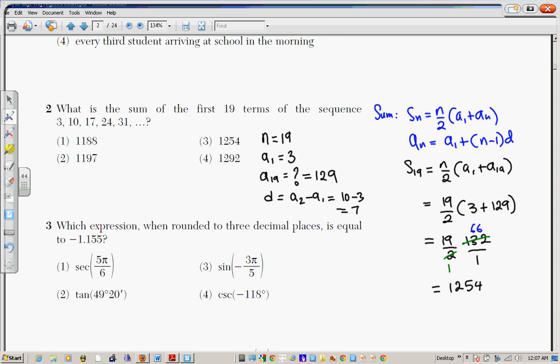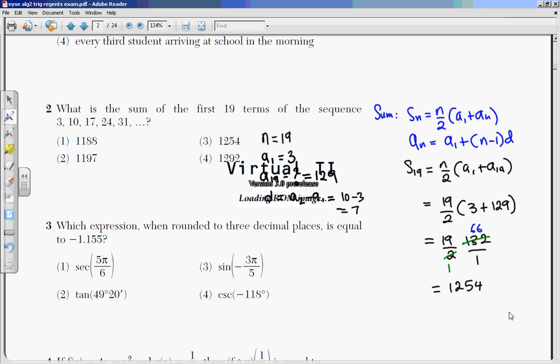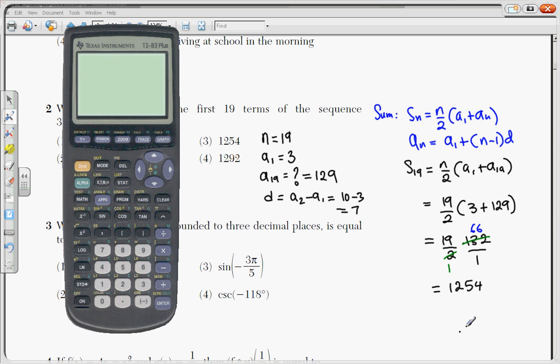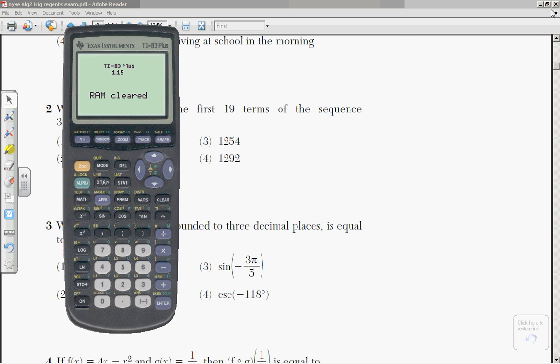Remember, in this exam, you're allowed to use calculators. So let me show you how you can use a calculator to do this problem. Remember, it's 1,254 as a result. If I wanted to do 19 over 2 times 132 over 1, let me just do it over here.